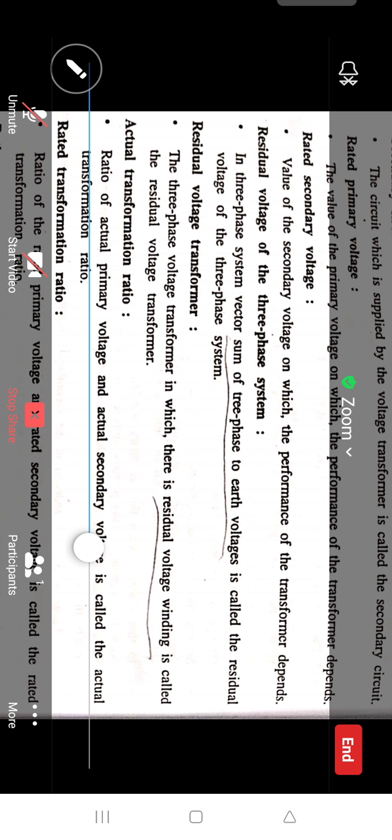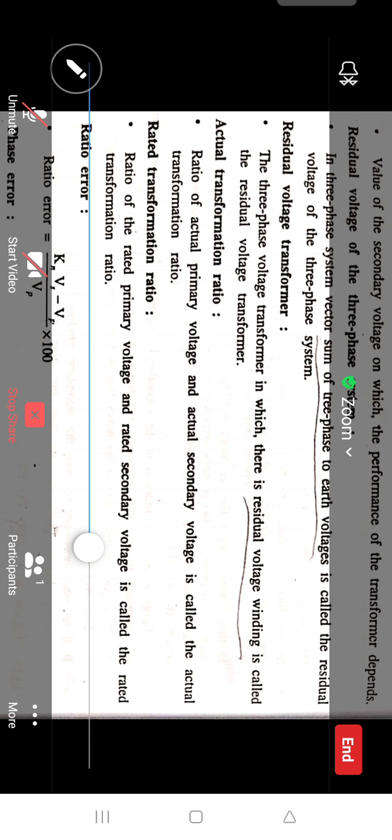Rated primary and rated secondary voltage are the values of voltage on which the performance of the transformer depends. Residual voltage of the three-phase system: the vector sum of three-phase to earth voltage is called residual voltage, and the residual voltage winding is called the residual voltage transformer.